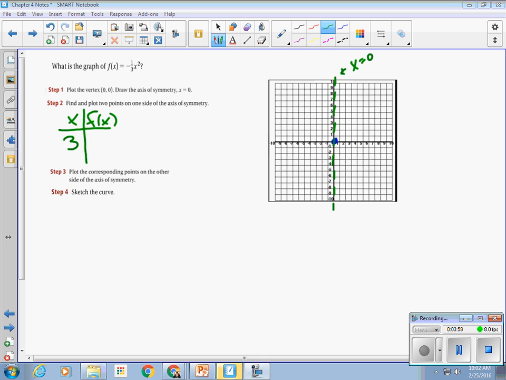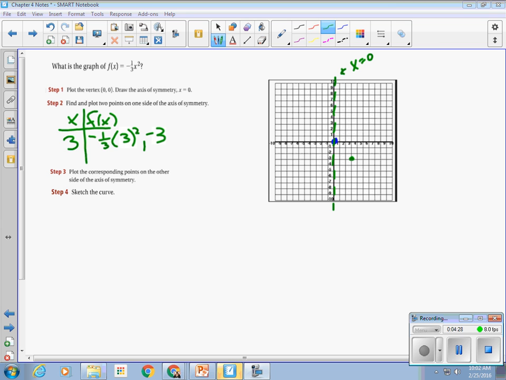So when x is equal to 3, f of x is equal to negative 1/3 times 3 squared. 3 squared is 9. 9 times negative 1/3 is negative 3. So my first coordinate is going to be at 3, negative 3.